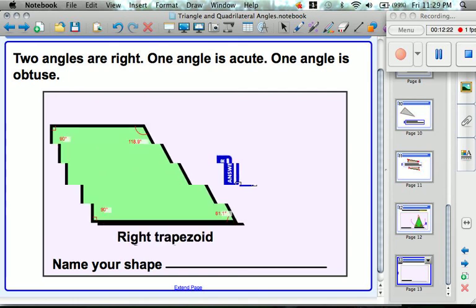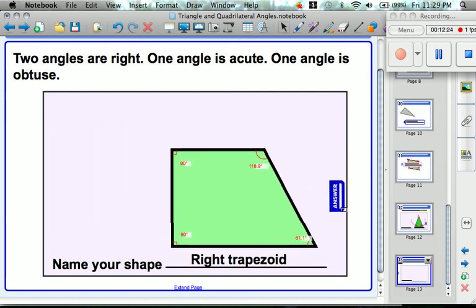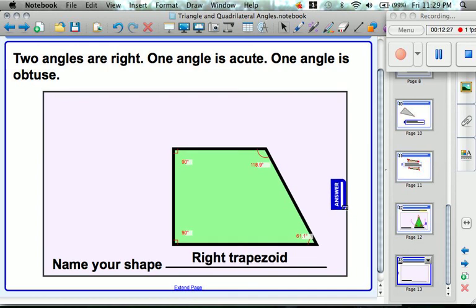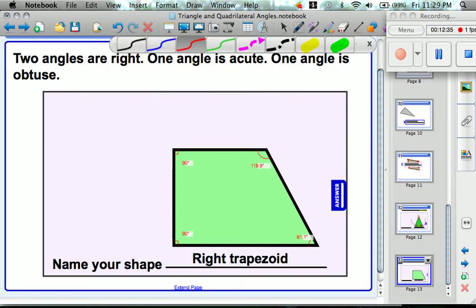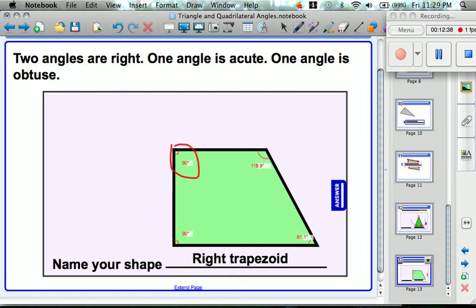If you chose the right trapezoid as your answer, then congratulations. Give yourself a pat on the back. From here, we see that we have 2 angles which are right angles, which means that both angles are 90 degrees. We have 1 angle which is acute, which is 68.1 degrees, and then a 4th angle which is obtuse, which is 118.9 degrees.